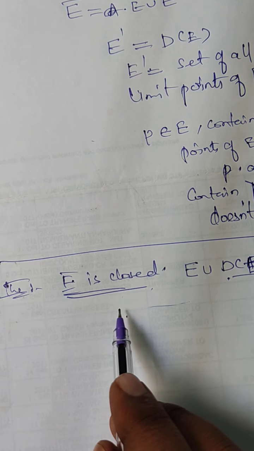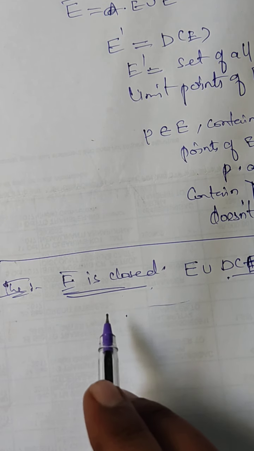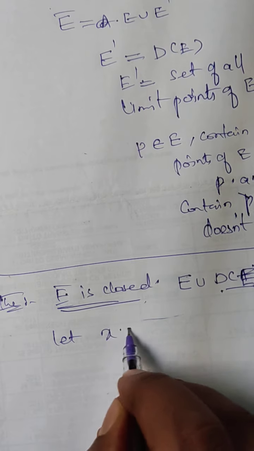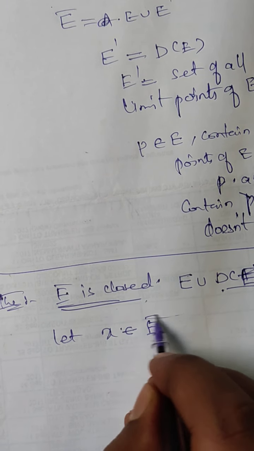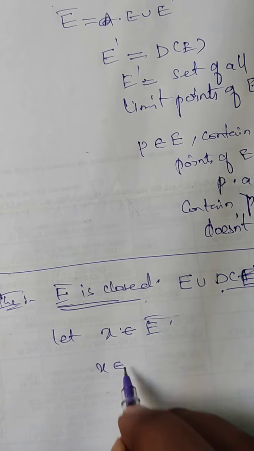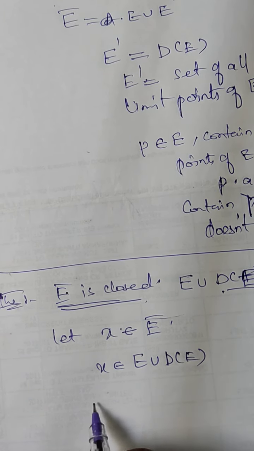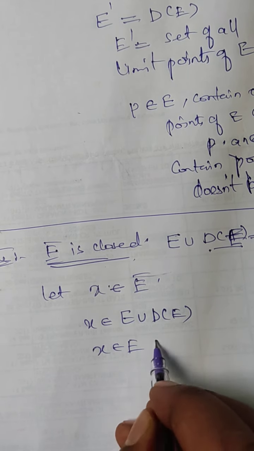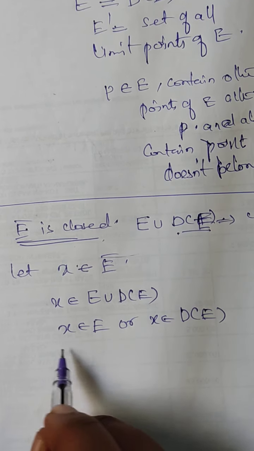We can prove that E closure is closed. For example, let X belong to E closure. That means X belongs to E union E dash, so X belongs to E or X belongs to E dash.